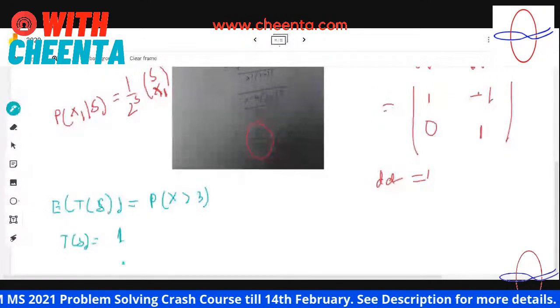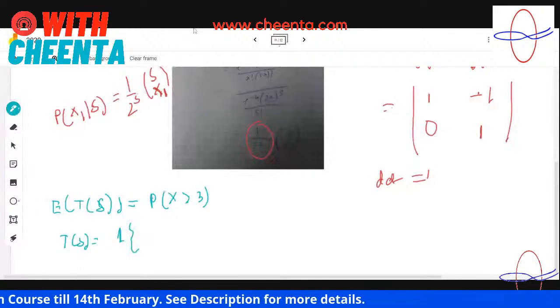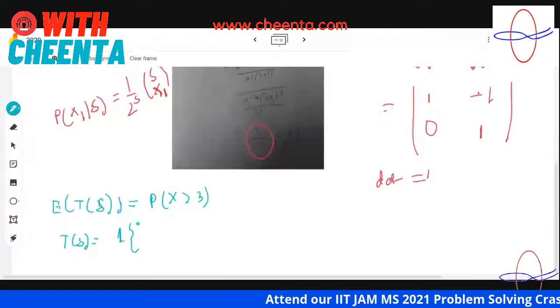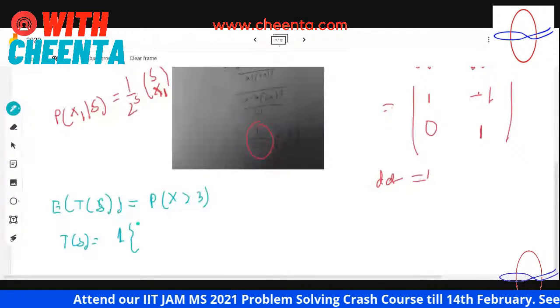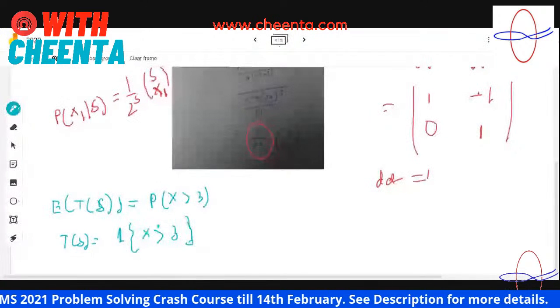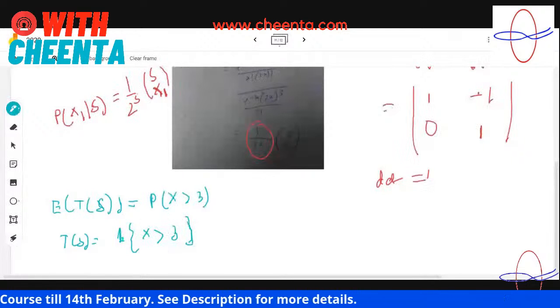Because if it is an indicator, then only it will work: indicator of x greater than 3. Its expectation will be the probability, so what is the probability? That's what he has shown here.